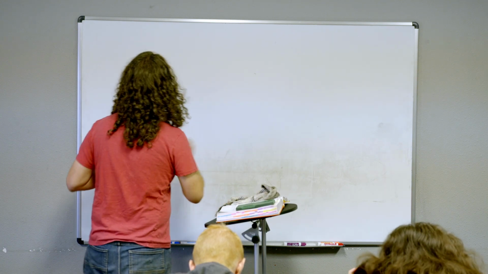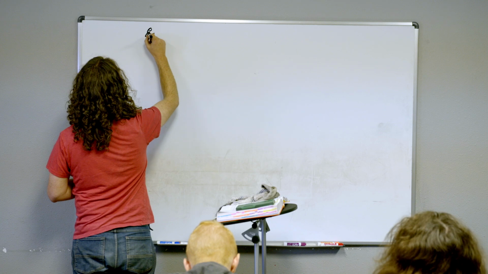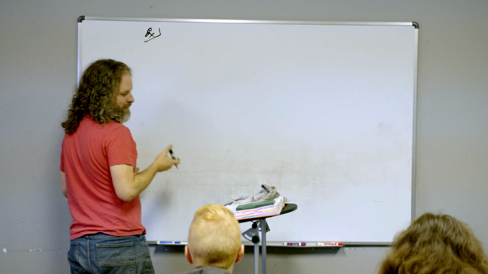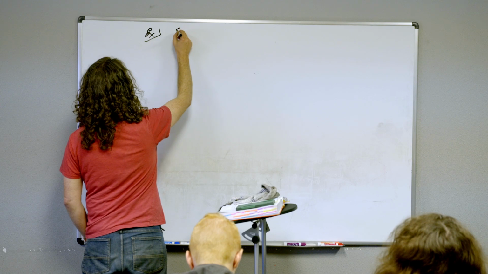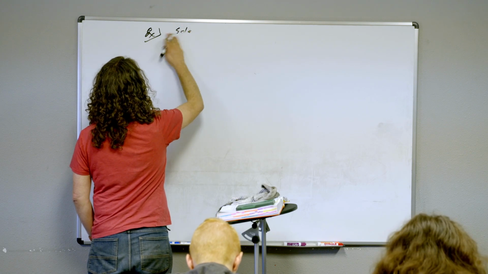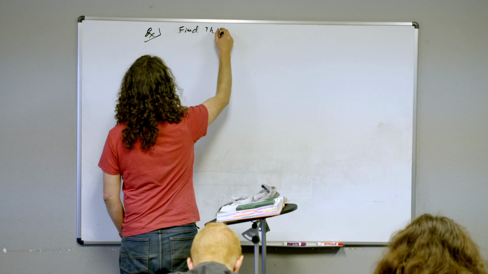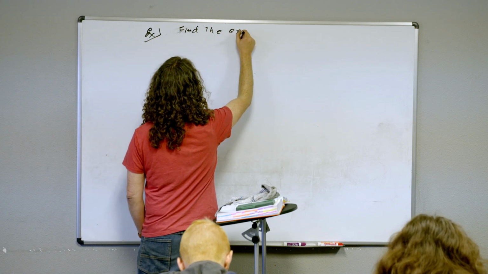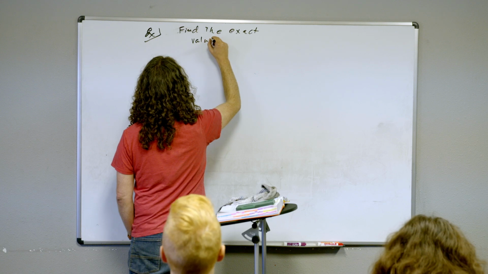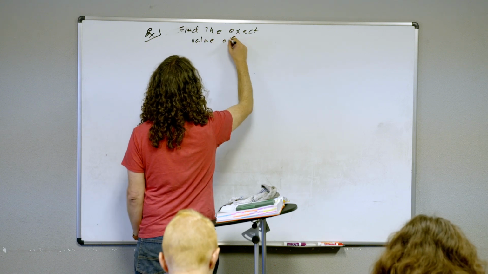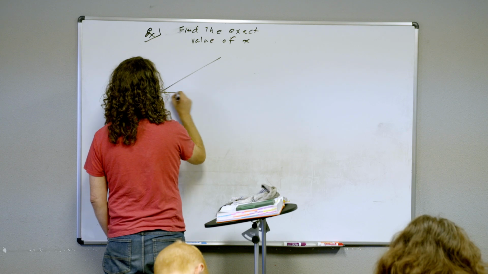Okay, so I'm going to make up a problem or two real quick. Here we go. Example something. It doesn't match example 4 in the book, but that's fine. Find the exact value of x.